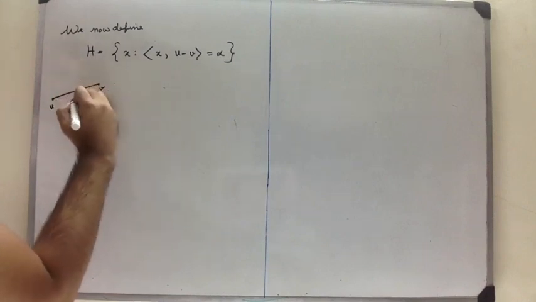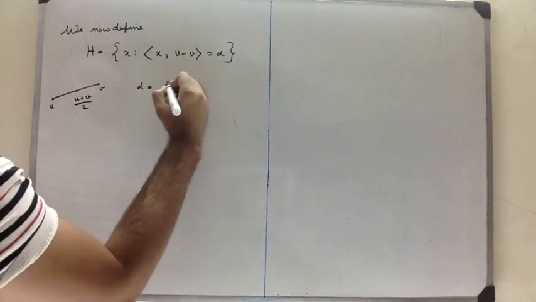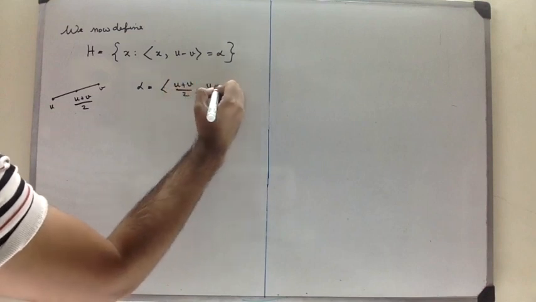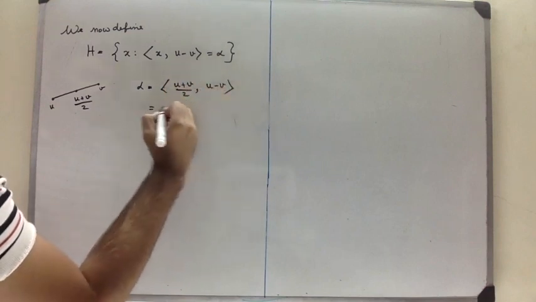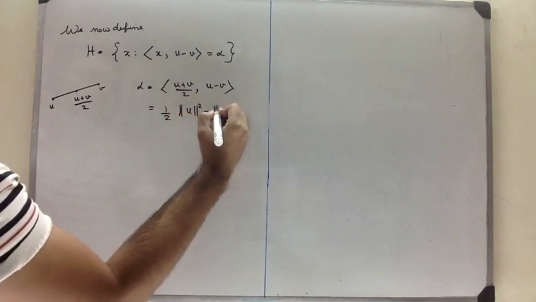So u plus v by 2. This means that alpha must be equal to the inner product of u plus v by 2 and u minus v. This means that it must be equal to half of mod u square minus mod v square.